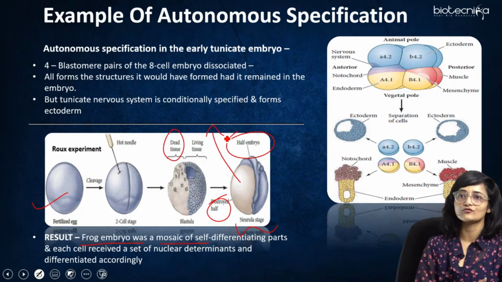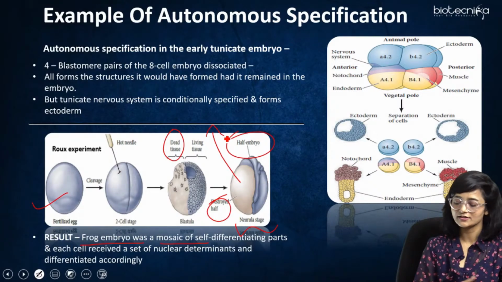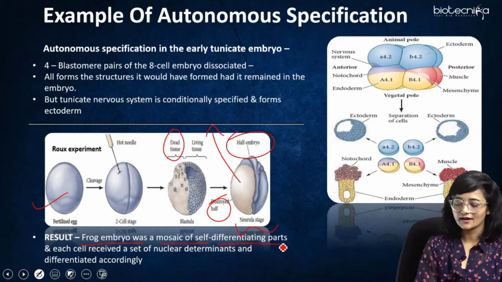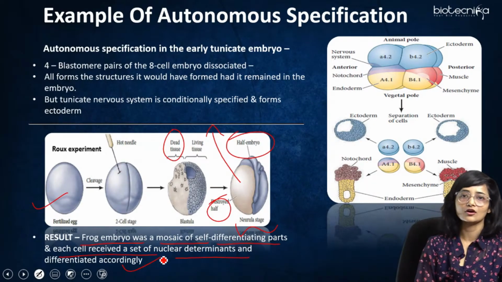When these are removed, that particular part of the blastomere or the egg would be destroyed. So a mosaic of self-differentiating parts is here, and each cell received a set of nuclear determinants and differentiated accordingly. Each cell received nuclear determinants, and on that basis only they differentiated themselves.